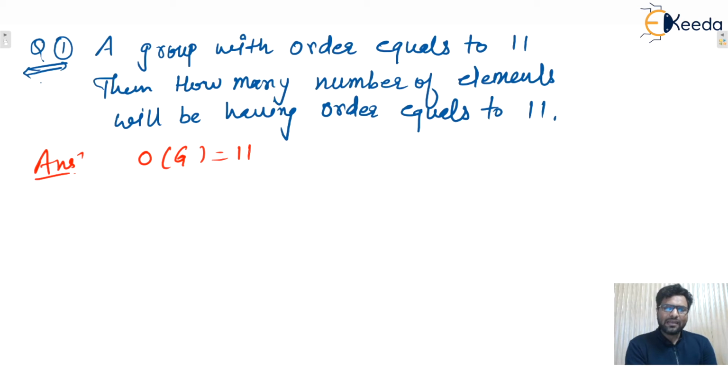So the remaining elements cannot have order equal to 1, because order 1 is only for the identity element, and the identity element is unique. So all remaining 10 elements will have order equal to 11, because 11 divides 11. So here the answer is 10. 10 elements will have order equal to 11. I hope this one is clear to everyone, isn't it?